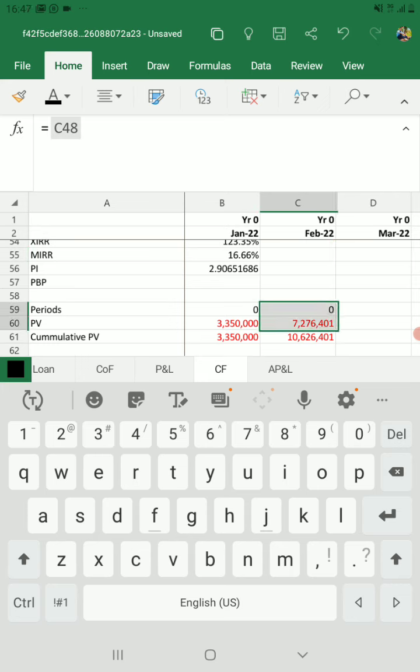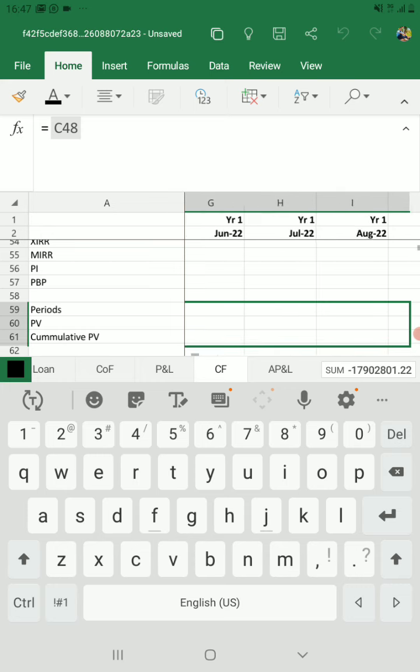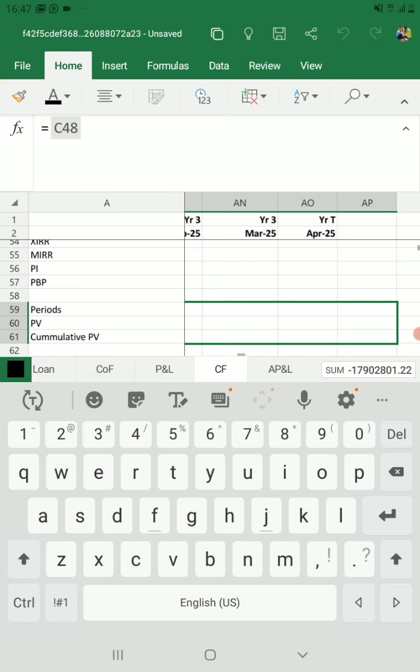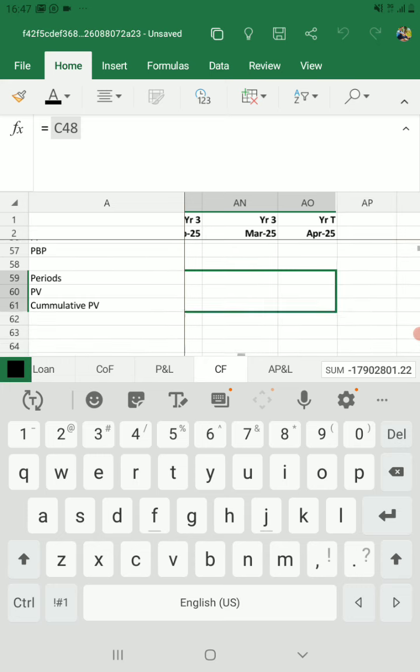I select these and fill them throughout our projected period, up to here. Oh, sorry.